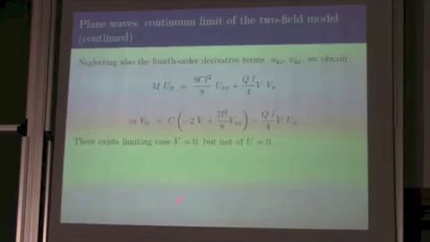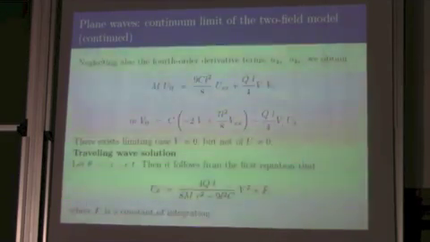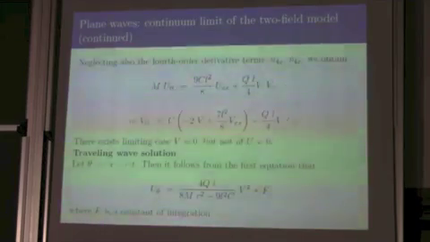And we see that in the framework of this model, the limit in the case V equal to 0 exists, while U equal to 0 does not exist because of this term. I don't know how to obtain a rather general exact solution of this system. However, a traveling wave solution may be obtained.